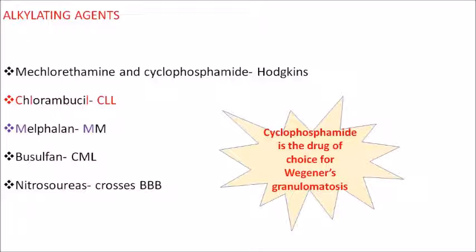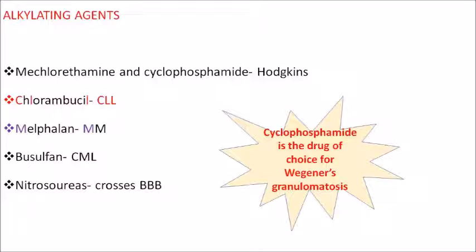Chlorambucil: that corona C is chlorambucil. Chlorambucil treats CLL. There is one C and two L in the name chlorambucil, so it is easy to connect. It treats chronic lymphoid leukemia or CLL. Melphalan treats multiple myeloma. You can connect the M and the M, melphalan, multiple myeloma.